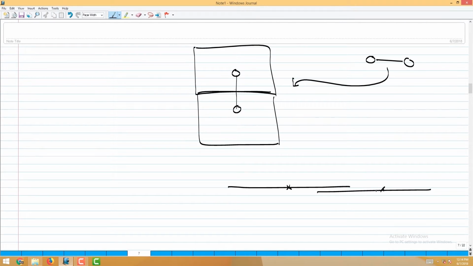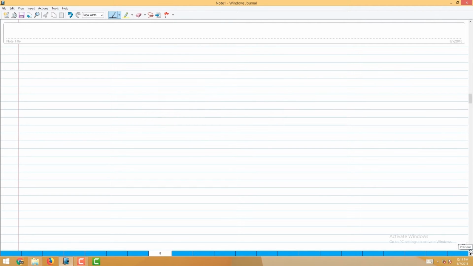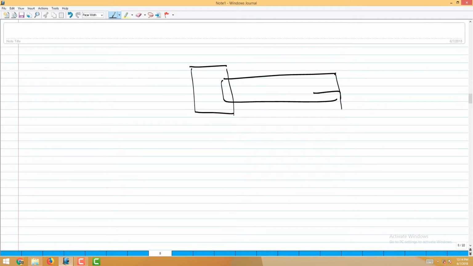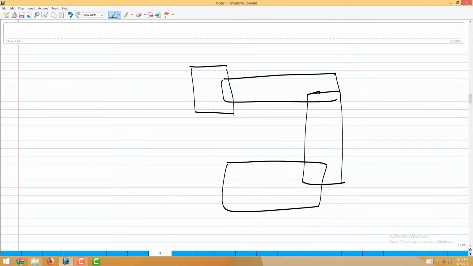But what you cannot get, for instance, if I draw something like this, what is the graph corresponding to this? It's a cycle. It's a cycle on how many vertices? 1, 2, 3, 4, 5, like this, right?